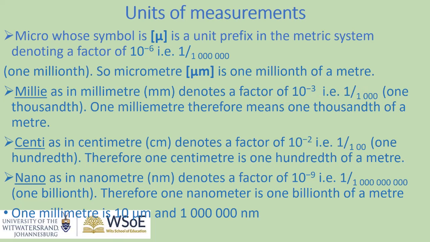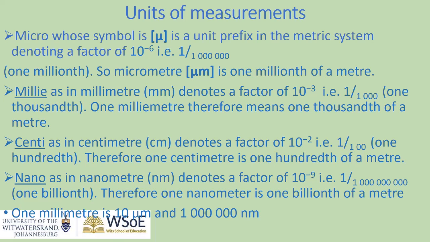So 1 millimeter therefore means a meter divided into 1,000 sections. Then 1 centimeter denotes a factor of minus 2. So 1 centimeter is 100th of a meter.